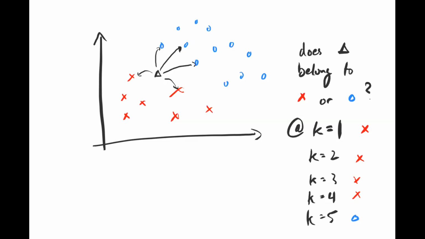At k equals 2, I've entered into a tie break, but the previous one was clearly the red X, which means that the red X was closer than the blue circle. So when you have a tie break, it's going to look at the previous k and see what that is. Okay. Yeah. Thank you.